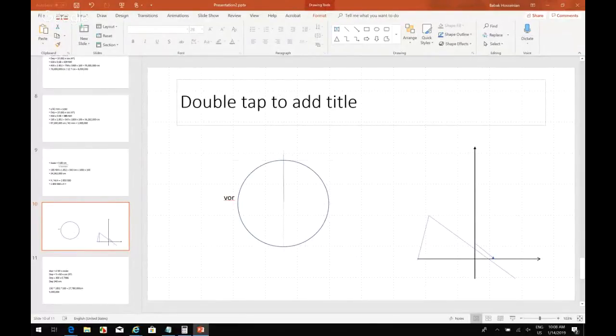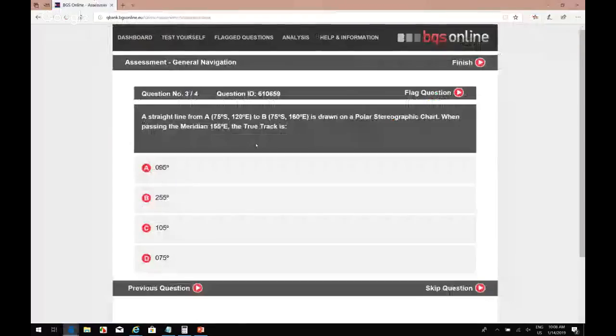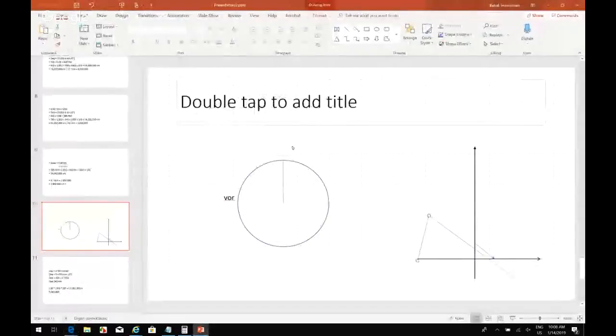South, if we're south, it's going to be like this, looking up at the Earth. Now again, 120 east to 160 east. So 120 east is going to be like, that's 90, 180, that, let's say 120. Let's just put that here.